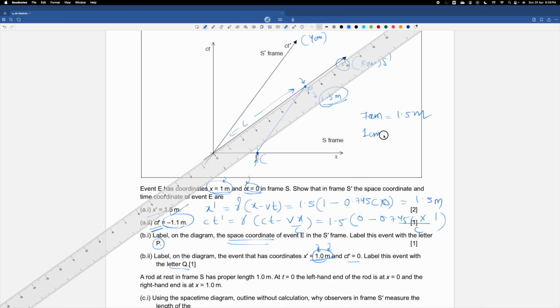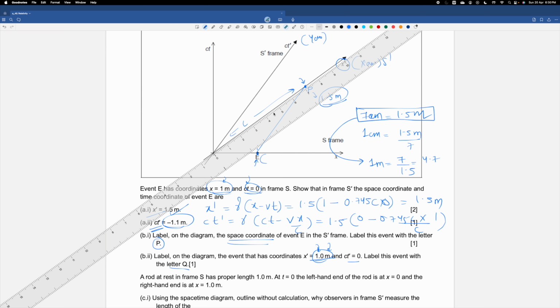Then 1 centimeter would represent 1.5 meter divided by 7. But the question is not 1 centimeter length of the ruler, but 1 meter on space. So if 1.5 meter is 7 centimeter as per the ruler length, then 1 meter on the x-axis will be how much centimeter? We'll use the unitary method, which is 7 divided by 1.5, which gives you about 4.7.